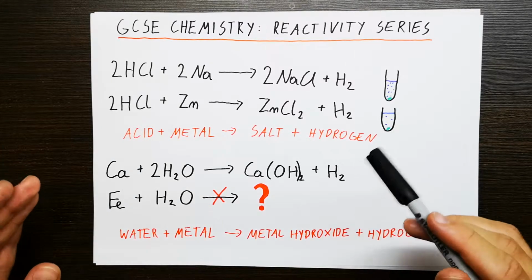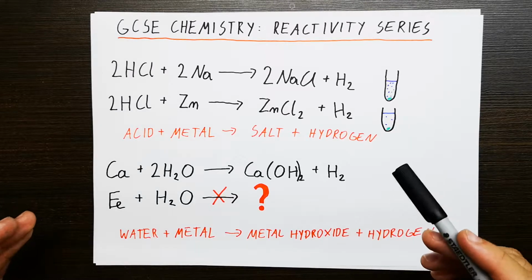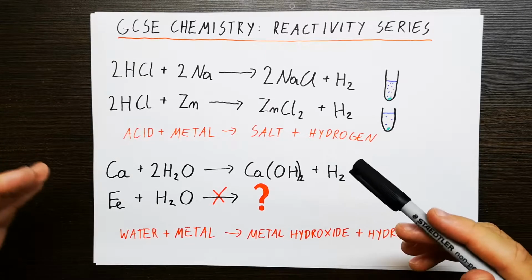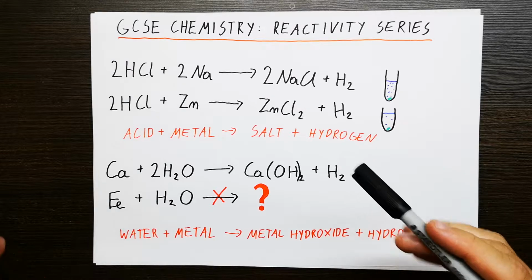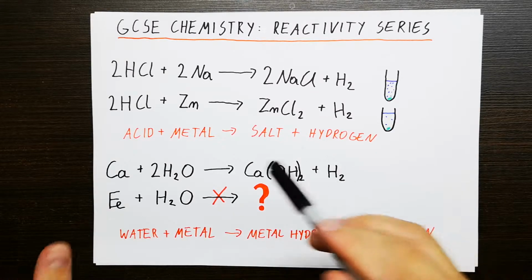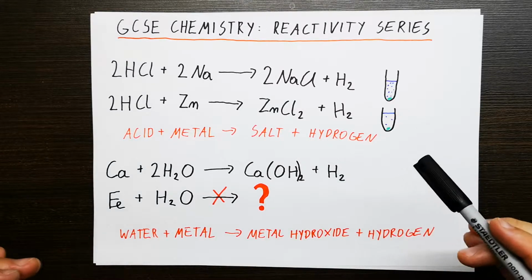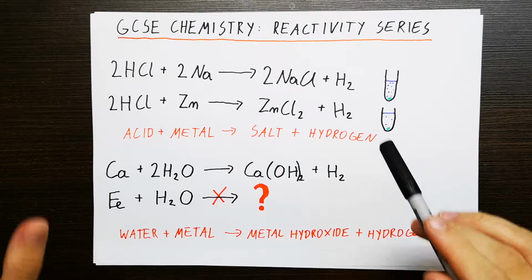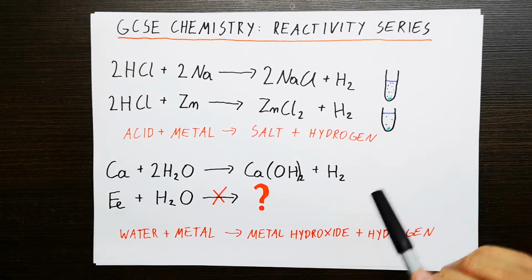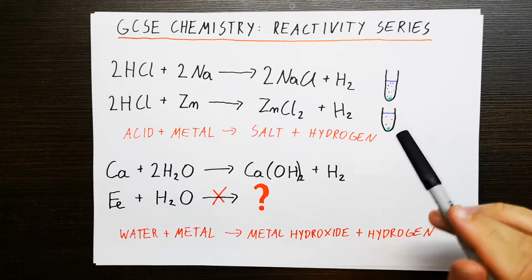I mean, we covered different types of bonding and acids and the whole basics of acids, so check out my other videos if you are confused about what I'm talking about here. It's all on my channel, so just check it out.